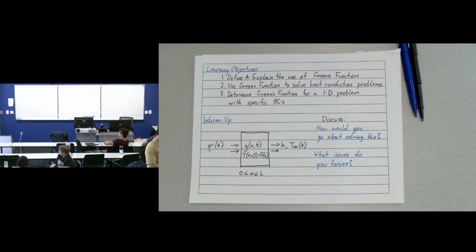For the steady state, you have to split it. You can't split that generation term. Do you think you can solve it with what we have? You can't split the generation term and the time.